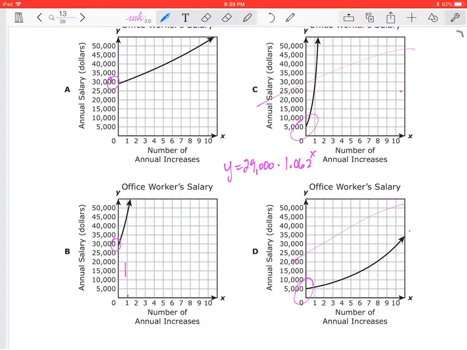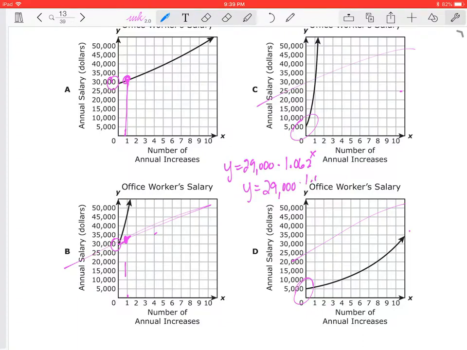So if I go to 1 year, it should be somewhere down here if this was an exponential. That actually discounts B right there. Even if this is an exponential and it looks linear, the equation might not actually look linear, because after 1 year we're talking about a salary of only about 30,000.